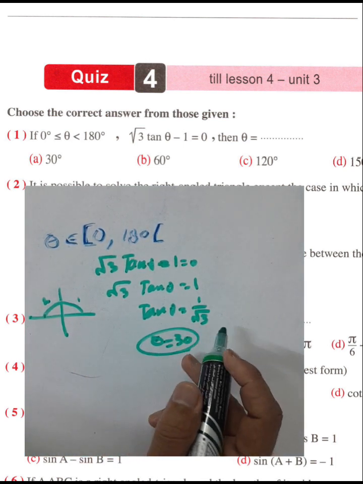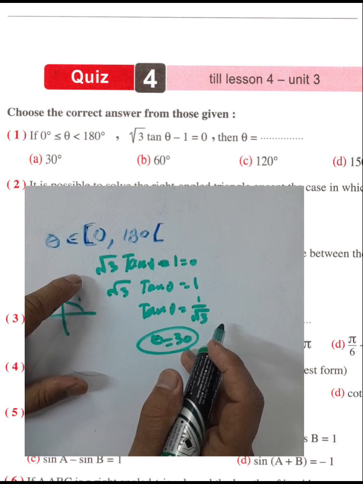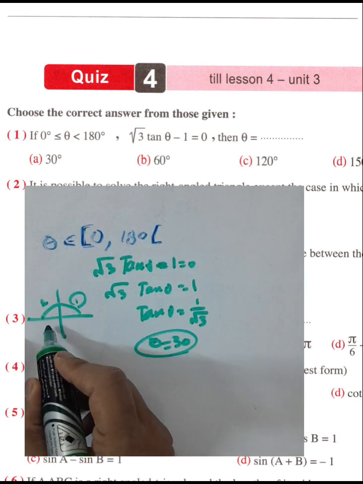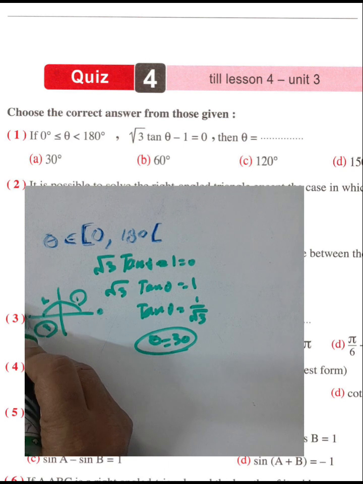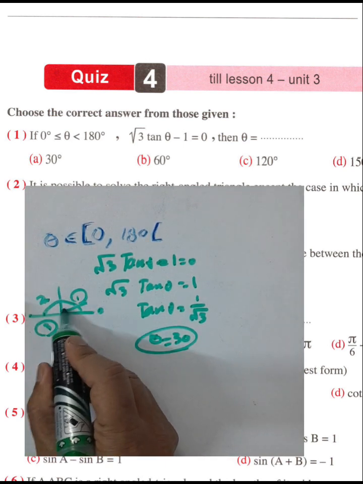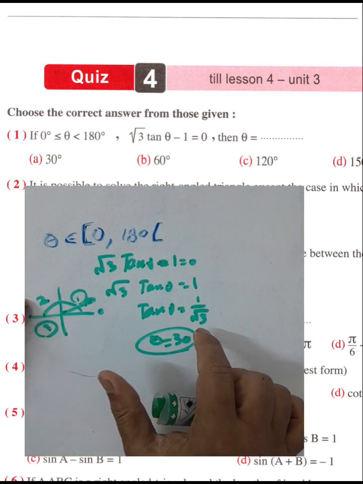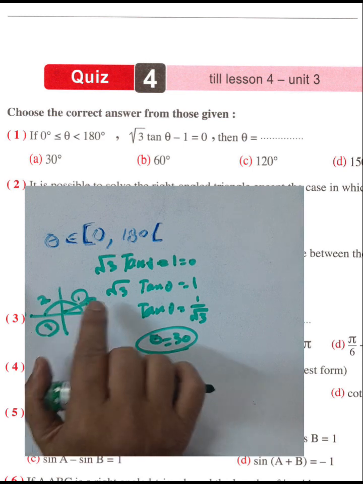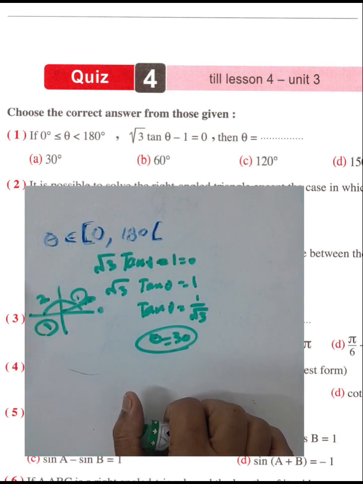The angle here will be 30, which lies in the first quadrant, because tan is positive in the first and third quadrants. From 0 to 180, we must write the first quadrant only. Don't choose the second quadrant because the sign here is positive, and tan is positive in the first and third quadrants. The result here will be 30 for question number 1.